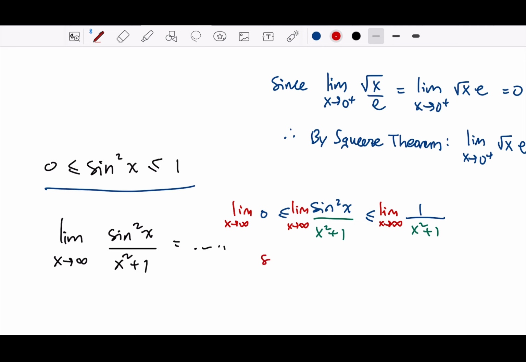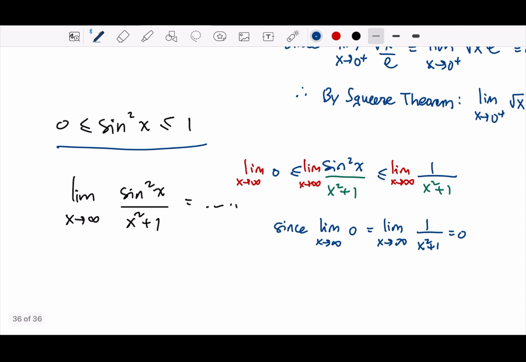So since the limit is 0, then the limit is also 0.